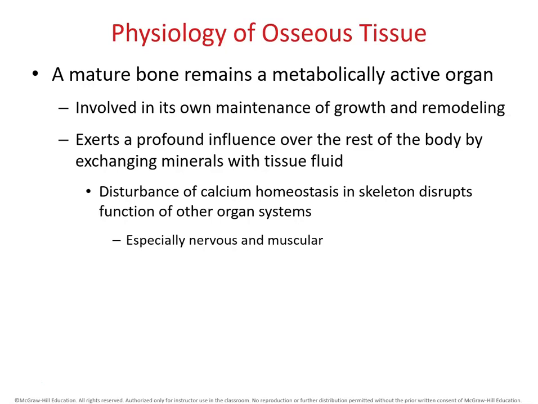One of the things that bone tissue is really important for is making sure our calcium levels stay in homeostasis, because if our calcium levels get out of homeostasis, our nervous and muscular systems can have major negative impacts.